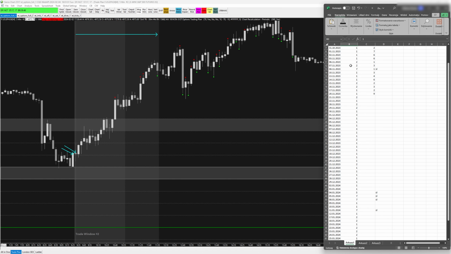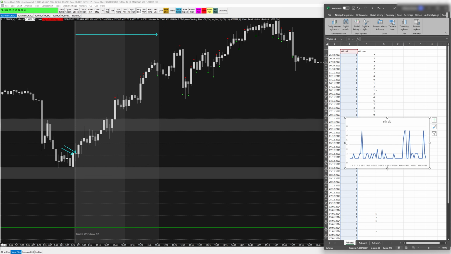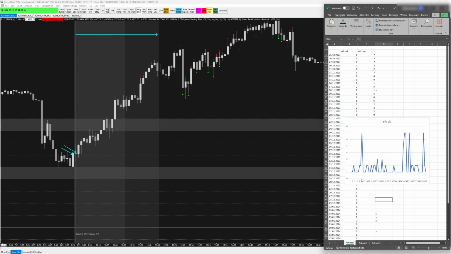Let's see the chart of this. The average is 2 units. We have just 1, 2, 3.